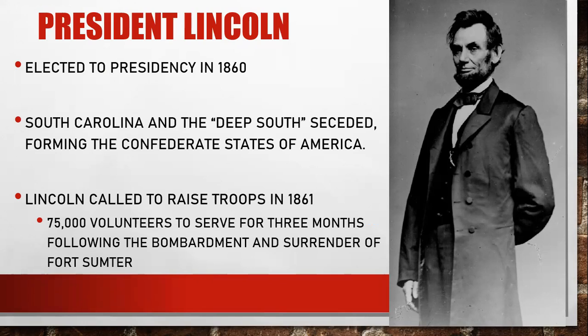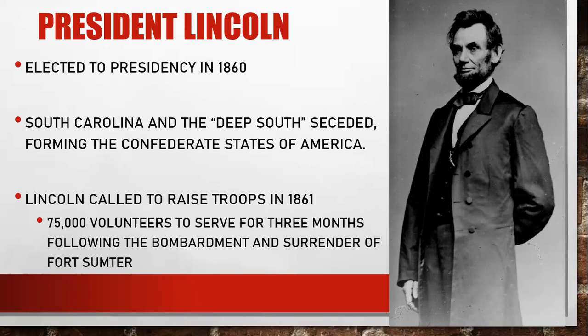Like Virginia, the state of Virginia does not join the Confederacy until the decision to raise an army of 75,000 volunteers is given by Lincoln. Because, like, oh, you're going to invade the South? This battle is going to take place in our backyard because we're the border between the North and the South. I guess we got to get involved.